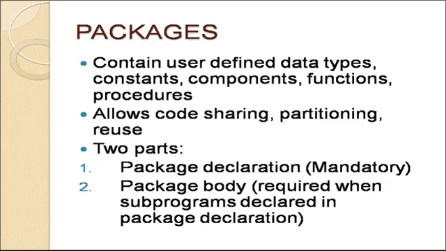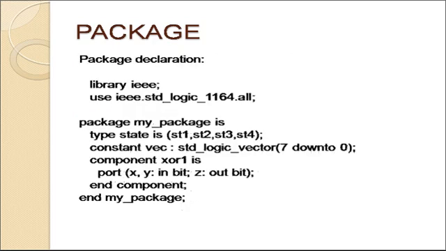Whenever you talk about any package, first you must note that you have to compile that package into a certain library. If you see a hierarchy, there are different types and components. These types and components are placed in a package.